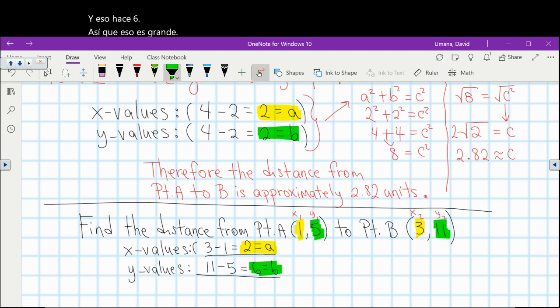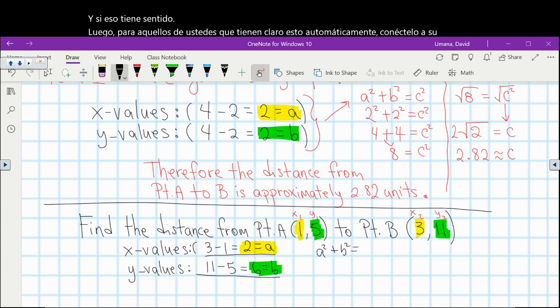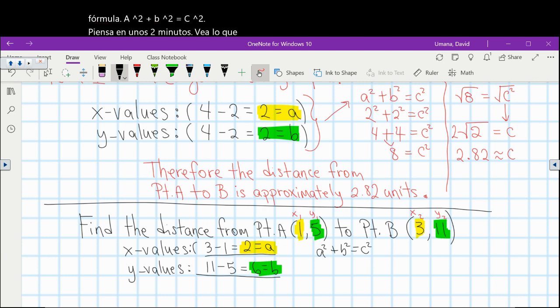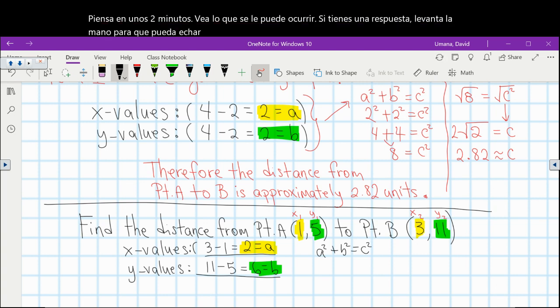And if that makes sense, then for those of you who are clear about this, automatically plug it into your formula: a squared plus b squared equals c squared. Take about 2 minutes, see what you can come up with. If you have an answer, raise your hand so I can take a look at it. And also give me the approximation. Use your phones, use your calculator, whatever you have.